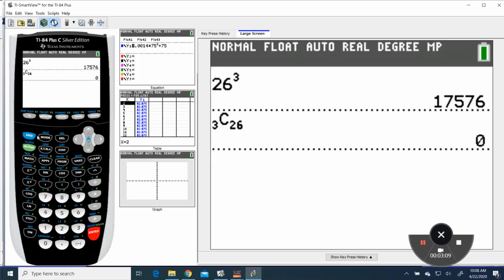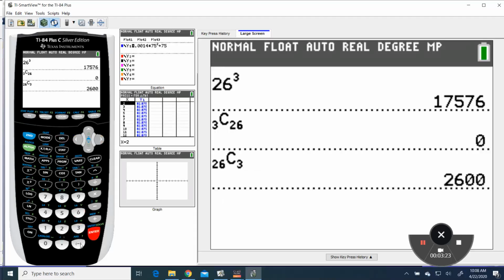Whoops, I did it backwards. I have 26 letters and I'm choosing 3. That's how I was supposed to read it. There we go. So that's 2,600.